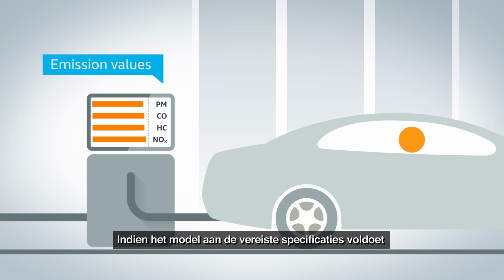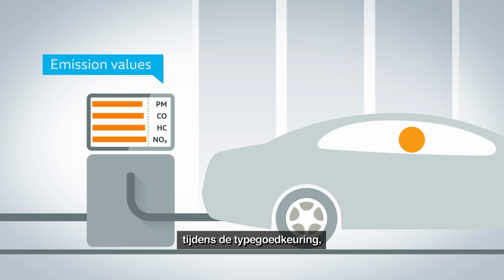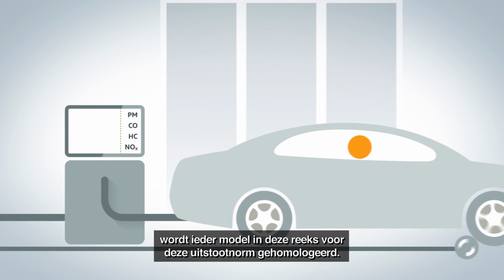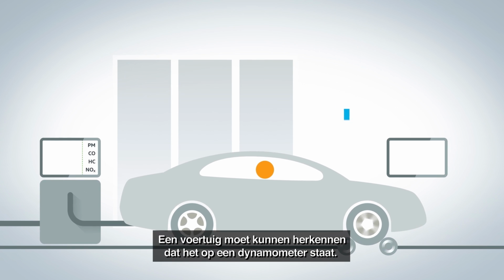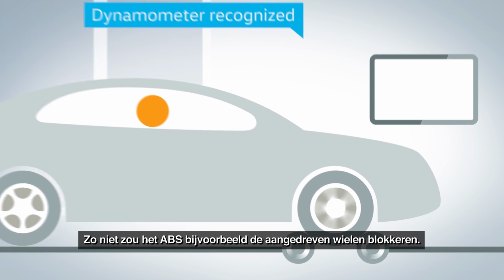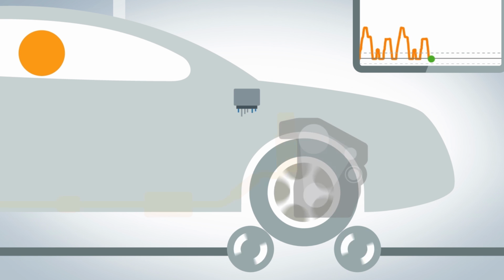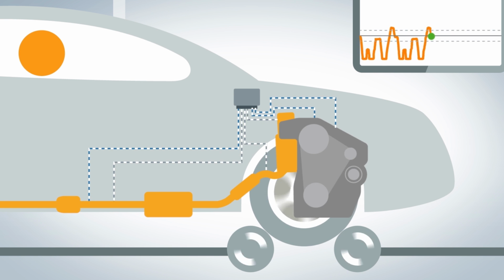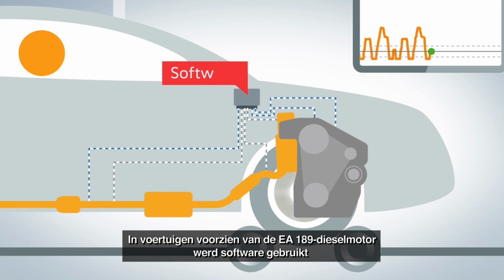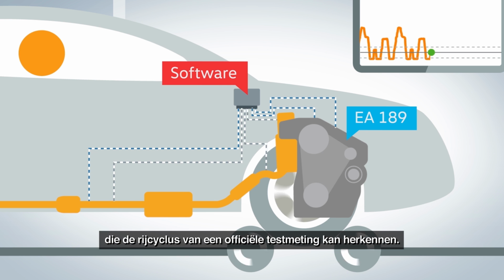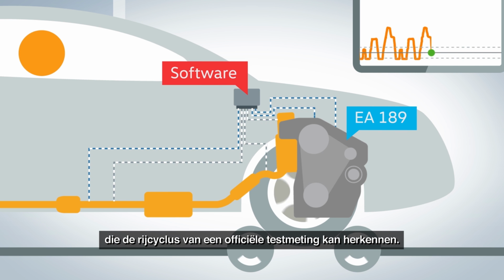If the model fulfills the required specifications during its type approval, then every vehicle in the series is certified for this emission standard. A vehicle needs to recognize that it stands on the dynamometer, otherwise its ABS would block the drive wheels, for example. Software was used in the vehicles fitted with EA189 diesel engines that can detect the driving curve used in official testing.